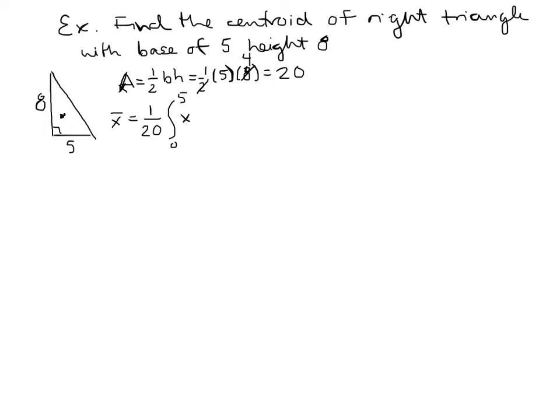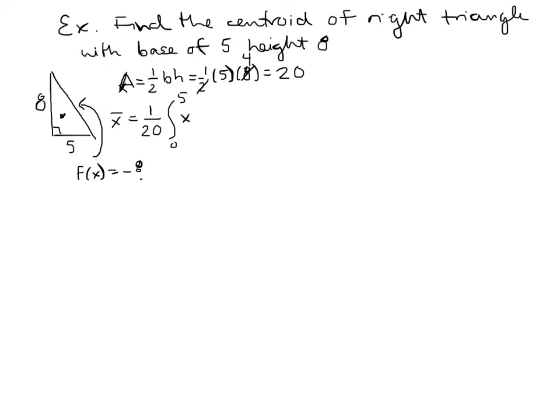of x times a function of x. The only function of x that we could get would be looking at this line. If we look at that line right there, it's got a negative slope of 8/5.